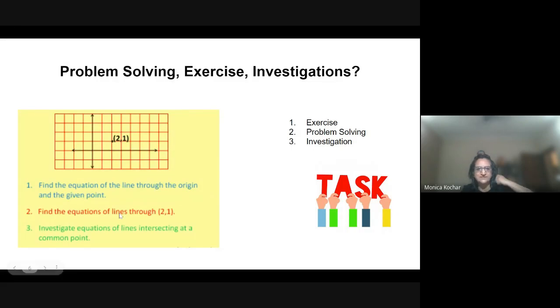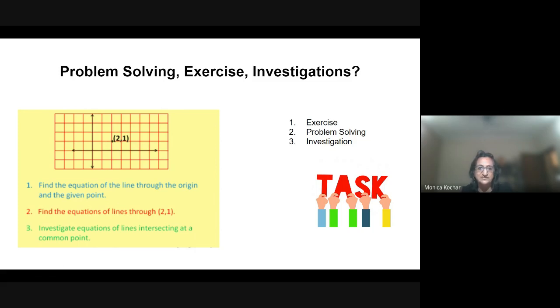Third one is, and I think the clue is here, investigate equations of lines intersecting at a common point. So here I'm going to tell the children, what is the speciality of equations that all intersect at 2, 1? What can you say about that? So a child will draw a line parallel to the x-axis, y-axis, sloping it out, and then seeing what exactly happens, and a kind of conjecture is built at the end, which can be different for different children.